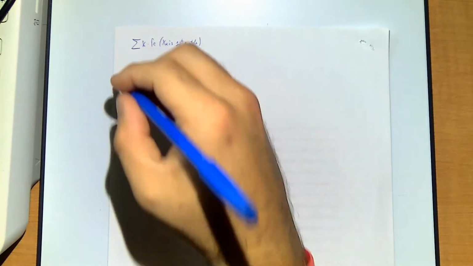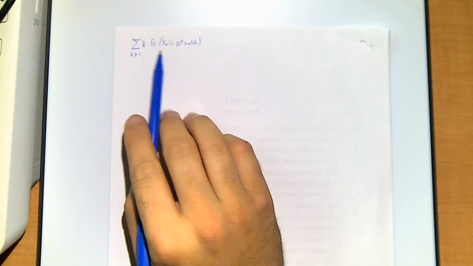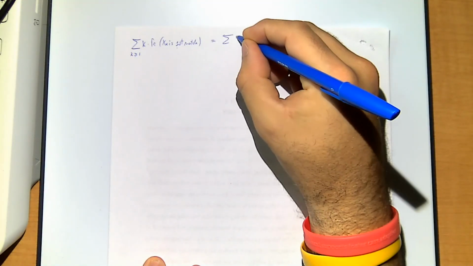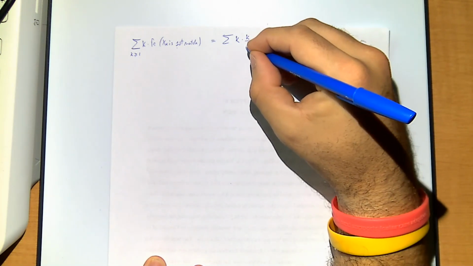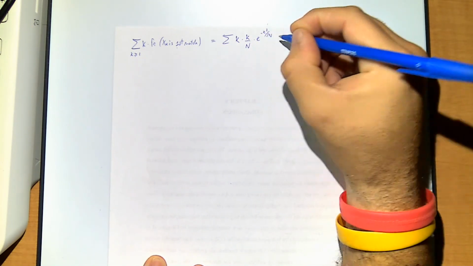So if I take my random variable to be the first match is k, then I get k times the probability of x equal k, and I sum over k, k greater or equal than 1. So it's k times the thing that I had before: the sum of k times k over n times e to the minus k squared over 2n.